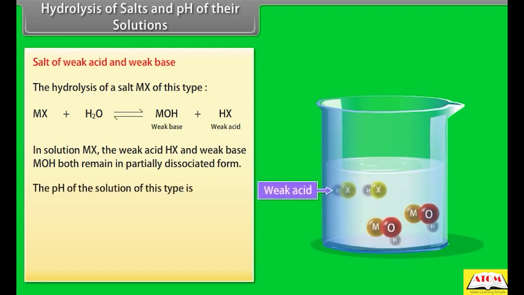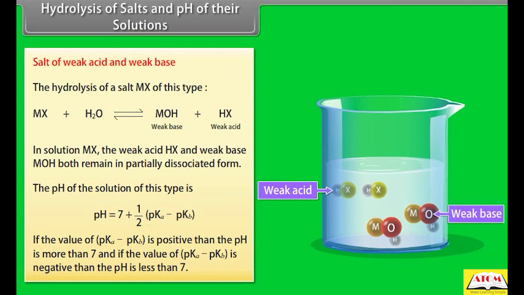The pH of the solution of this type is pH = 7 + 1/2 (pKa - pKb). If the value of pKa - pKb is positive, then the pH is more than 7, and if the value of pKa - pKb is negative, then the pH is less than 7.